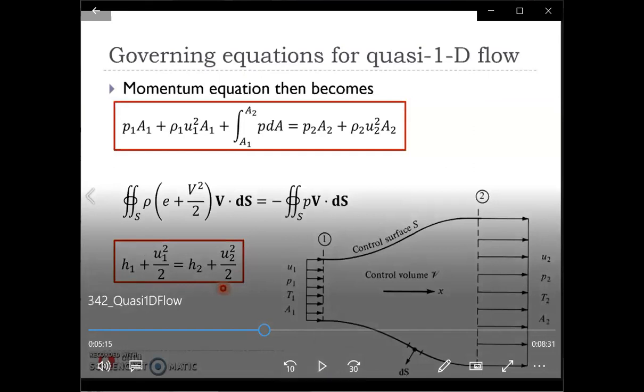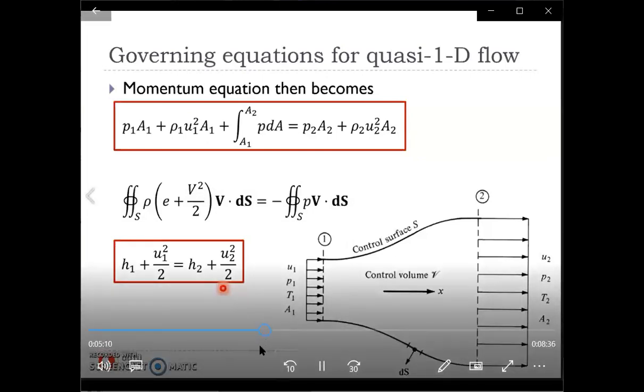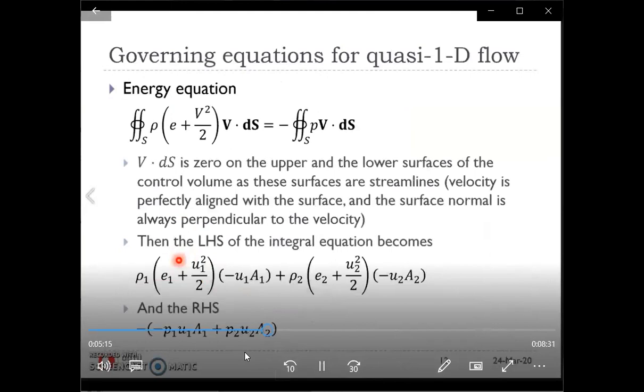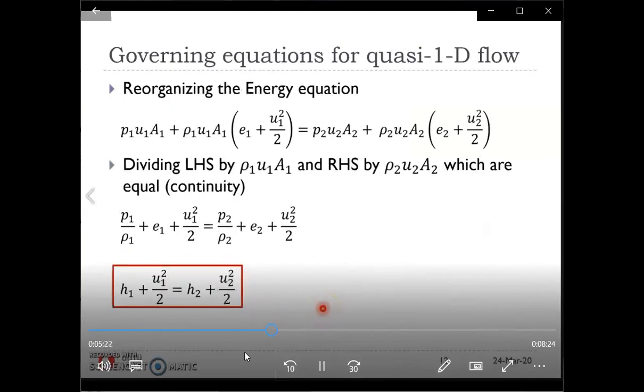Okay, let's continue. This equation is discussed a little bit more in the following slides. Starting from the energy equation, I can pass one more slide. Here, if we reorganize the energy equation, we have this equation at the top, and if we divide the left-hand side by ρ1 u1 A1 and the right-hand side by ρ2 u2 A2, we get this equation that you see here.